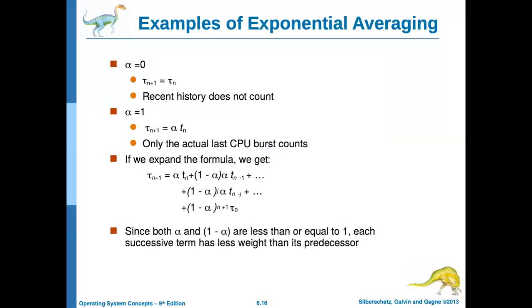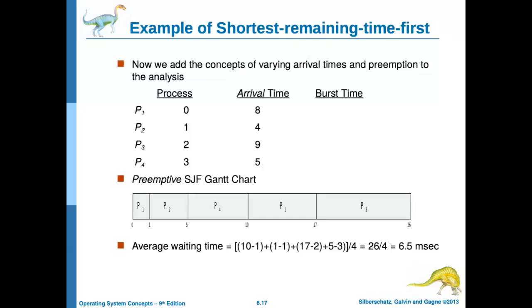This is just one example of exponential averaging. Okay. Now let us see this example for shortest remaining time first. Actually, it should be next, SRTN. It is called SRTN, shortest remaining time next.